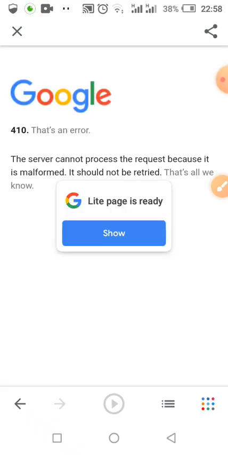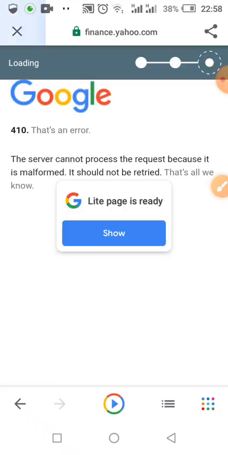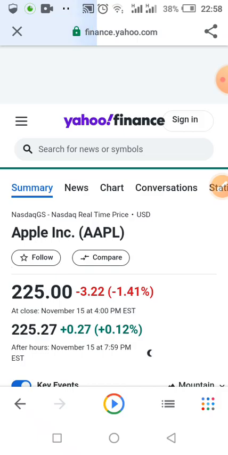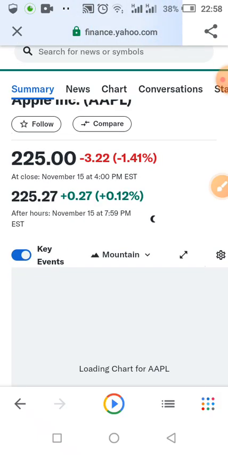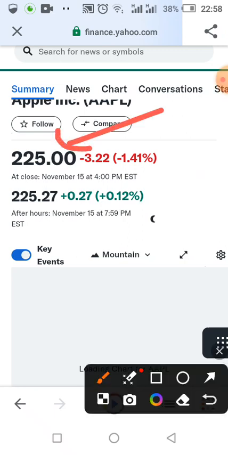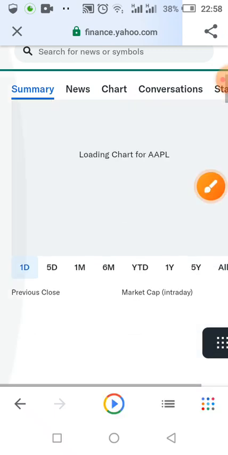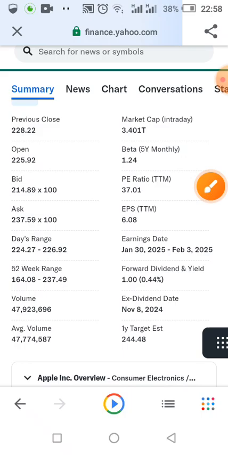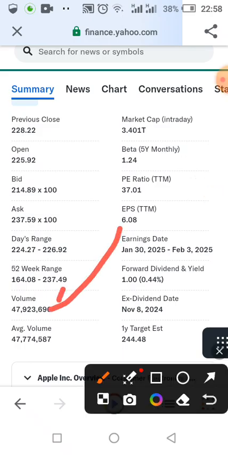So here I selected Yahoo Finance, and sometimes they can show the total number of shares traded as a 3-month average, updated every 3 months. You won't consider the price of a single share, but you will look at the volume, especially the average volume.